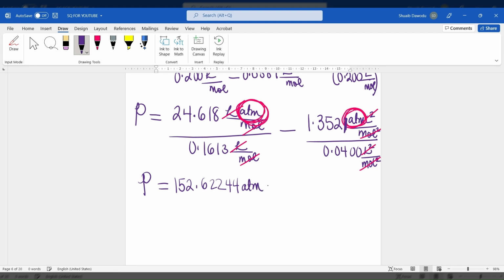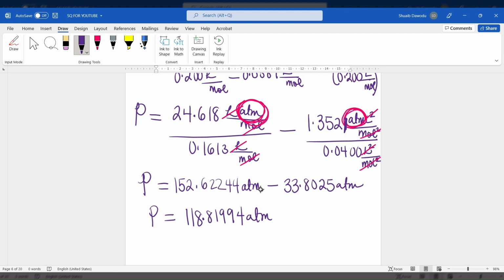So atmosphere minus 1.3521 divided by 0.0400 is going to end up giving you 33.8025 atmosphere. So we're just going to simply do the subtraction to get the pressure. So when you subtract this and you input this information in your calculator, you end up getting 118.81994 atmosphere. So this is basically the answer to the question.